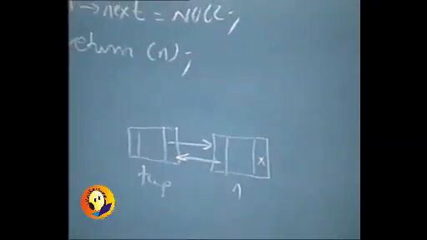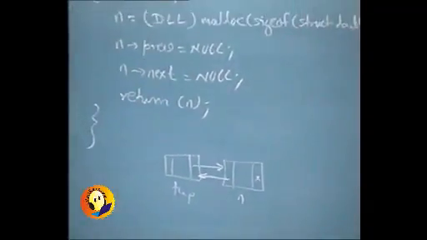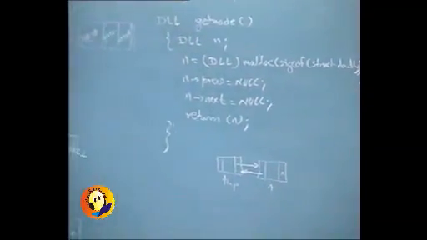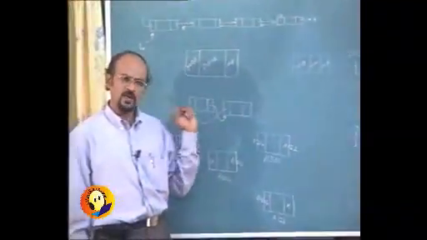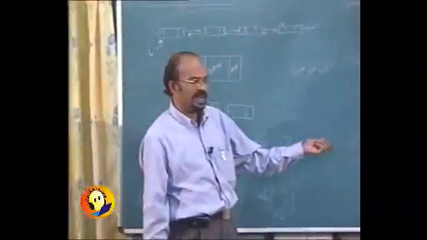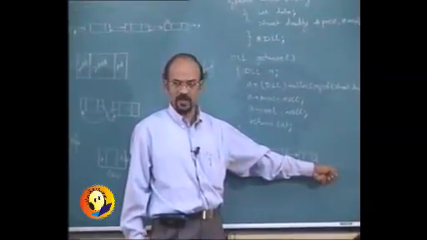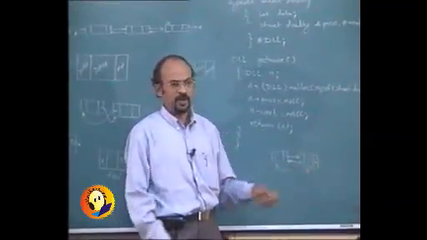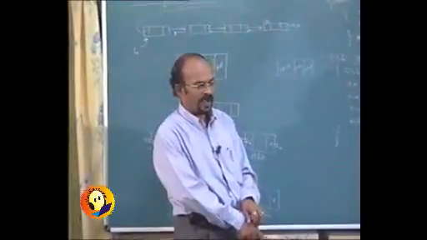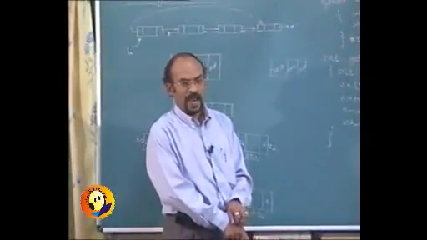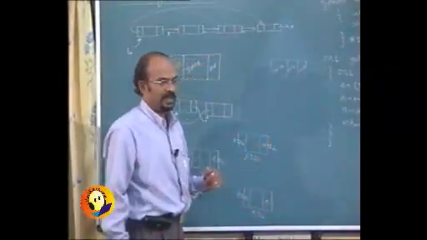Okay, so only just mark that, don't write anything over there. One statement will be added there, and you will continue. Every time a new node is added at the end, so temp arrow next equal to n you have to do. N arrow previous equal to temp will be one more statement that you will have to add in that create list. And then see what happens at the end.